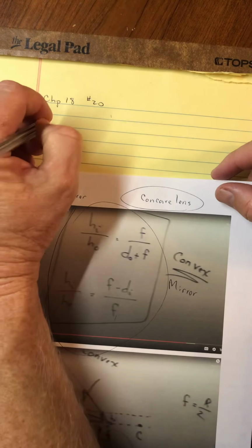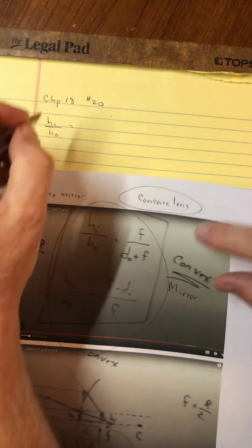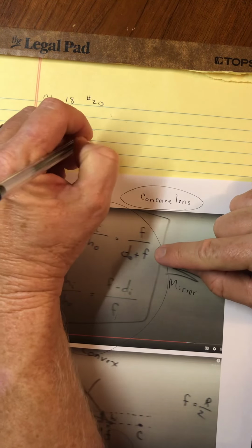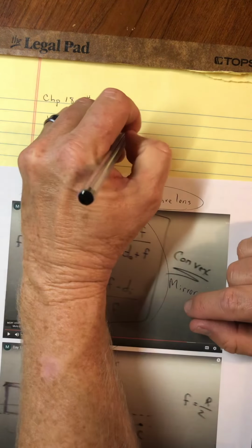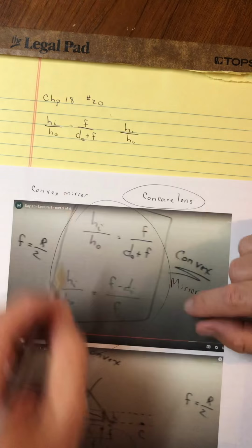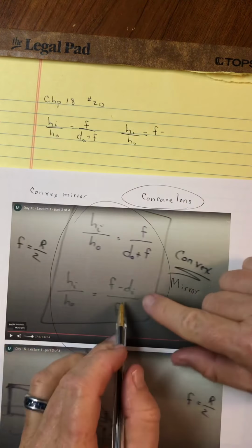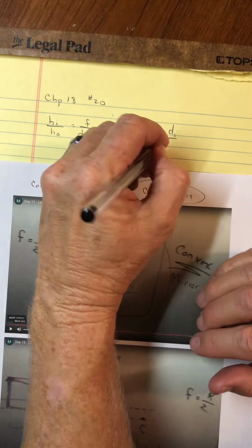Let's write down: height of the image is to the height of the object as focal length is to object distance plus focal length. The other equation: height of the image is to the object as focal length minus image distance over focal length.